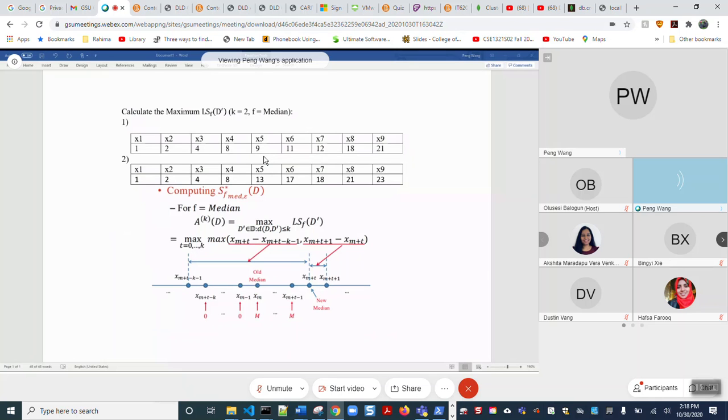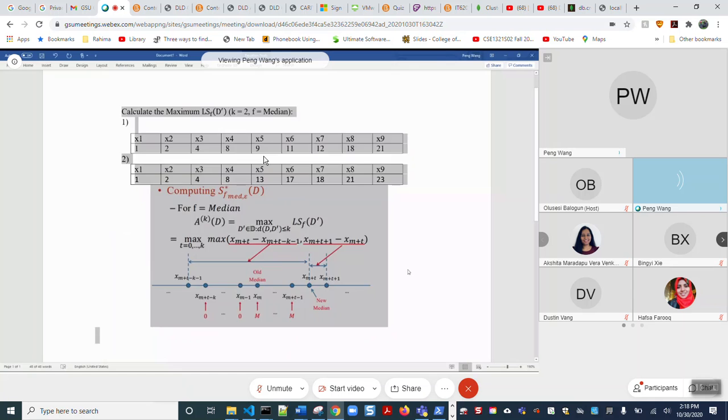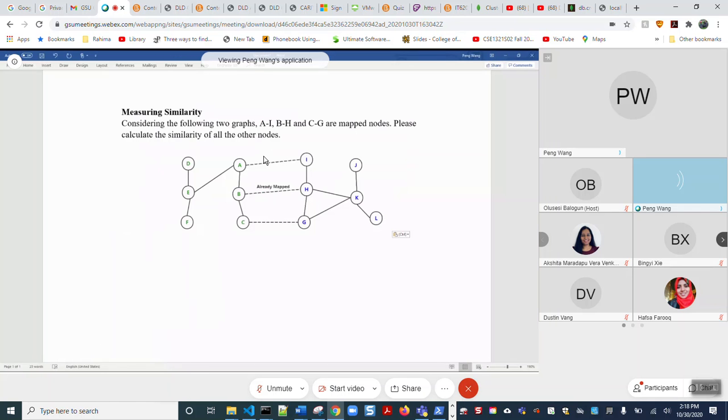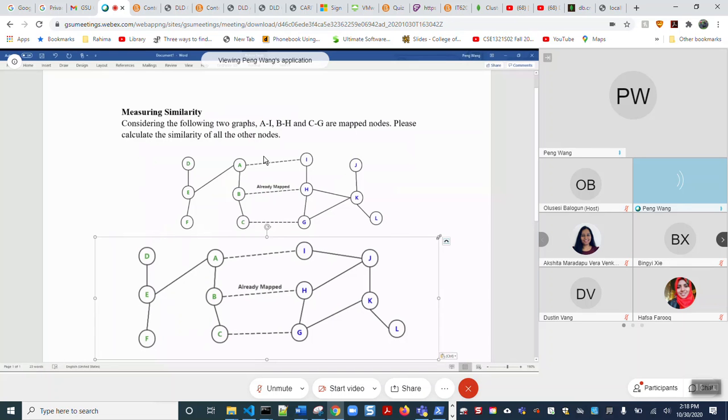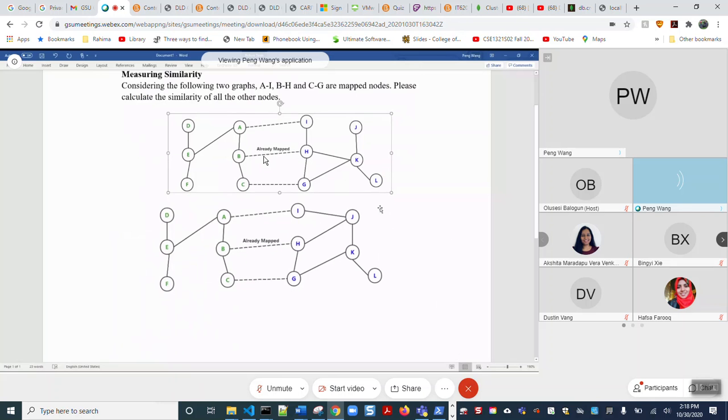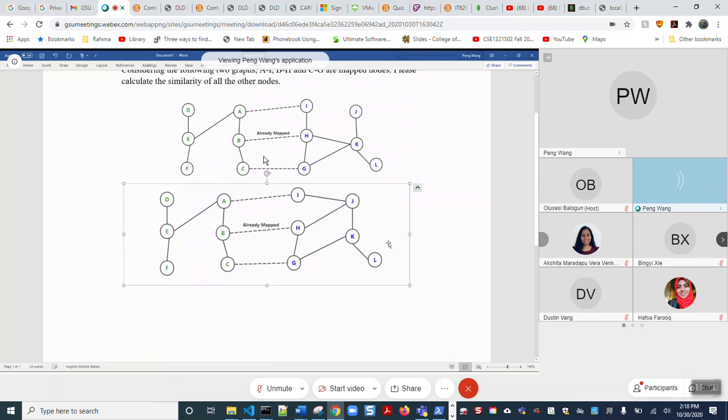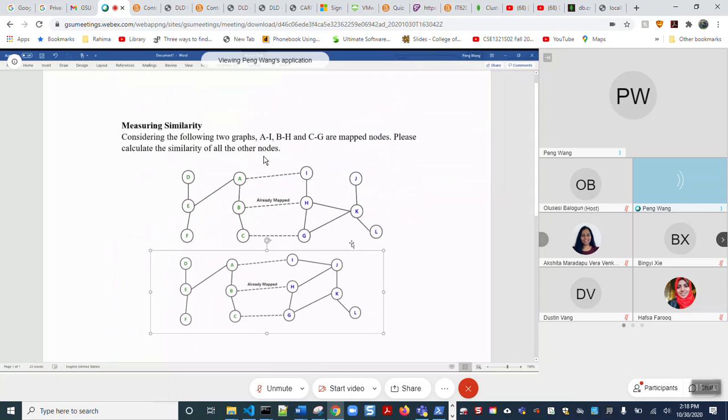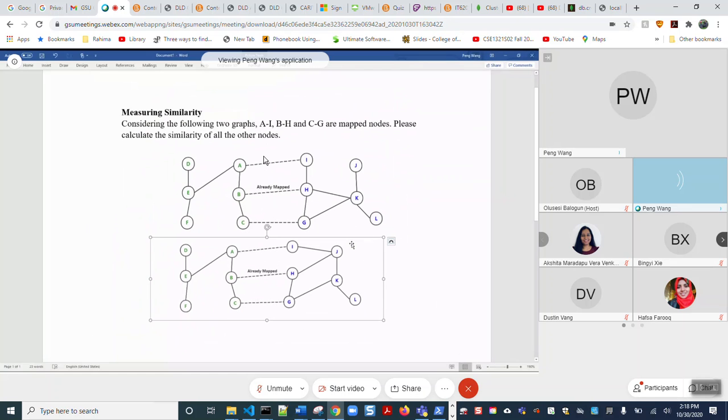The next question is to mirror the similarity of the graphs. You may have different graphs. For example, these two. Let's use these two as an example and do the calculation.